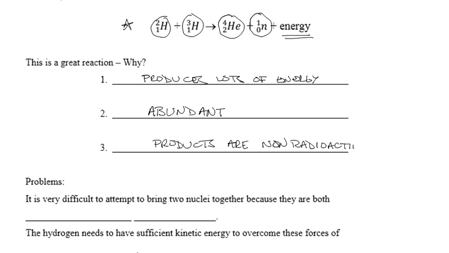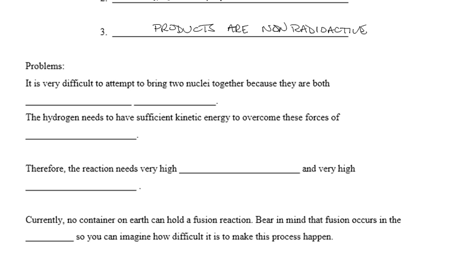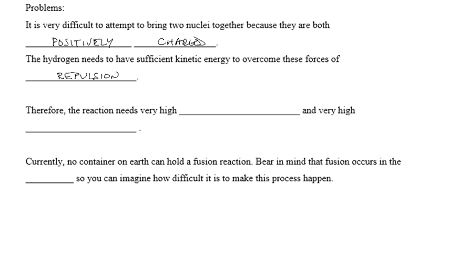But we have problems with fusion. It's very difficult to attempt to bring two nuclei together because they are both positively charged. So the hydrogen needs to have enough sufficient kinetic energy to overcome these forces of repulsion. Therefore, in order to occur, the reaction needs very high temperatures.